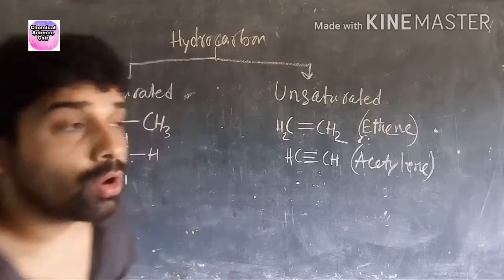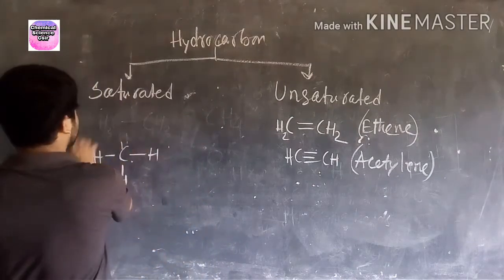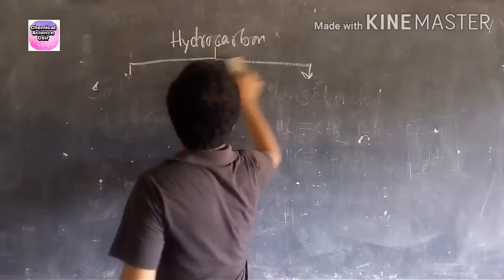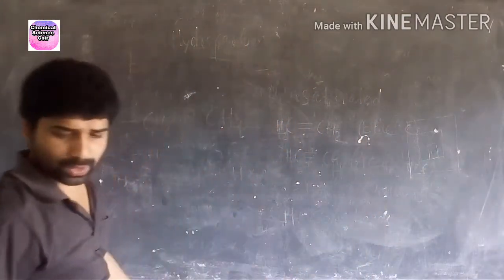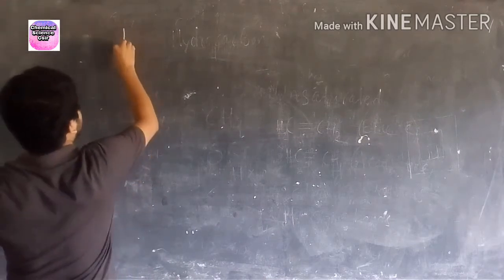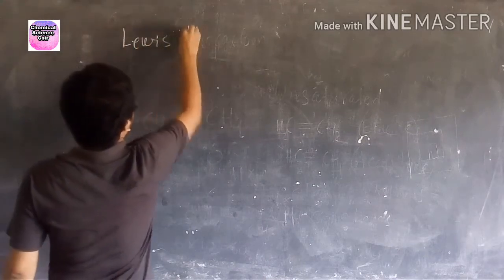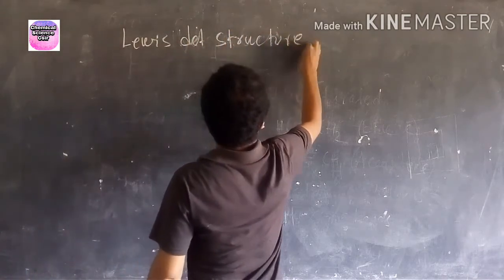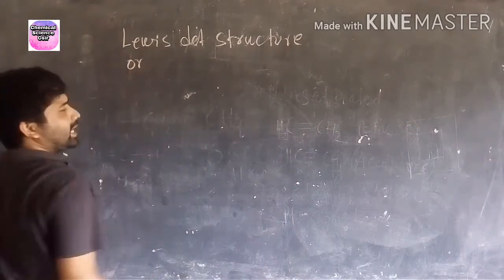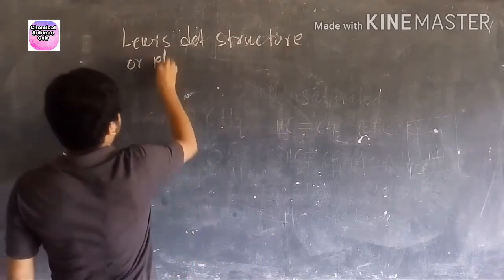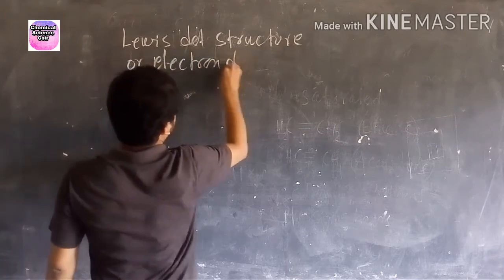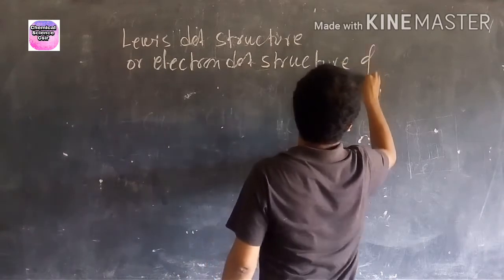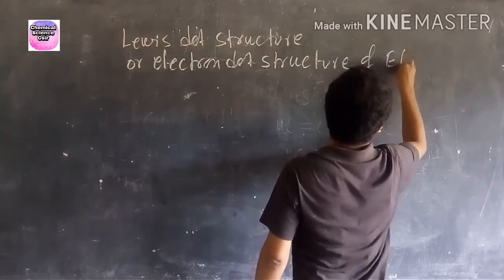Now, Lewis dot structure, or electron dot structure, of ethane.